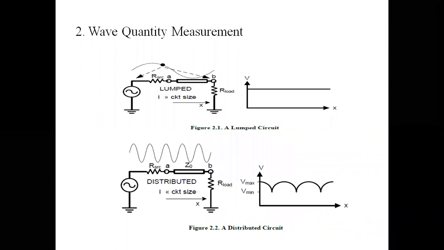Now we will see how the wave quantity measurement takes place. The S parameter describes the complete linear behavior of a high frequency device or circuit in a linear mode of operation. The main function of the vector network analyzer is to provide the S parameters as a function of frequency. Although modern VNAs return S parameters with a push of a button, the S parameter is not a quantity that can be measured directly.